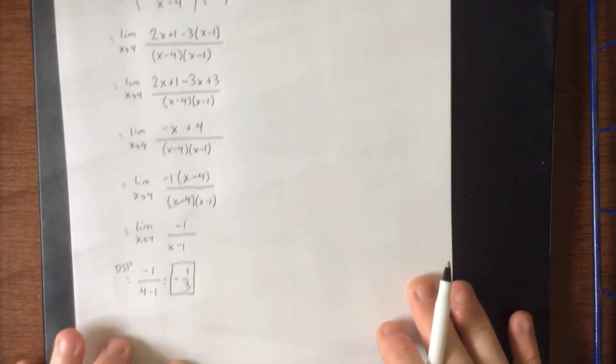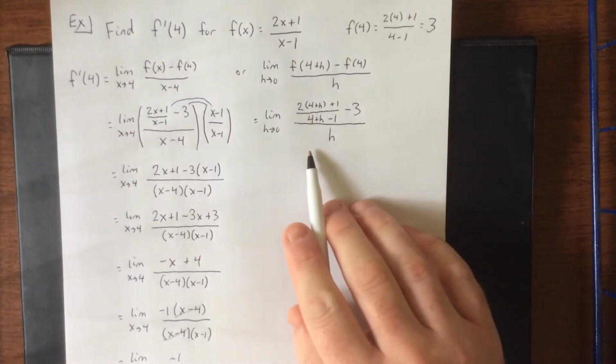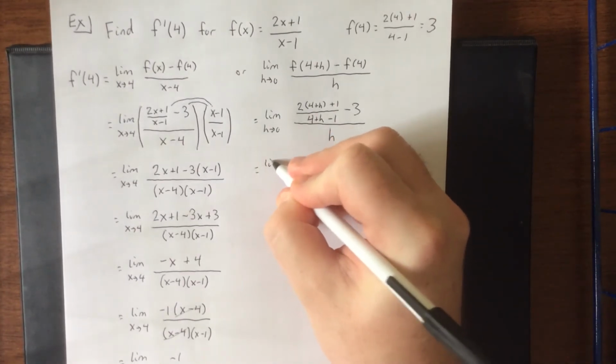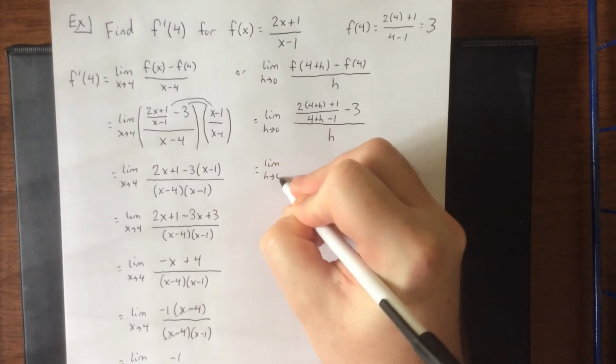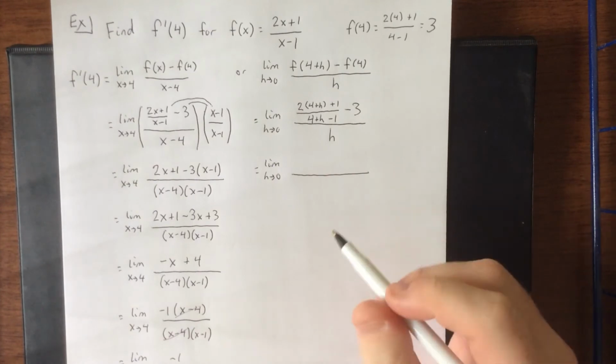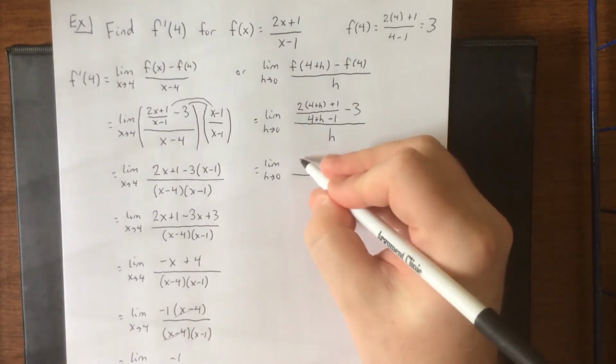Next up, I'd like to do the other definition of the derivative that we had up top here. Once again, we see a fraction inside of our fraction, but I'm going to do a little bit of algebra before we get rid of that fraction inside the fraction. So first I'm going to distribute the 2.